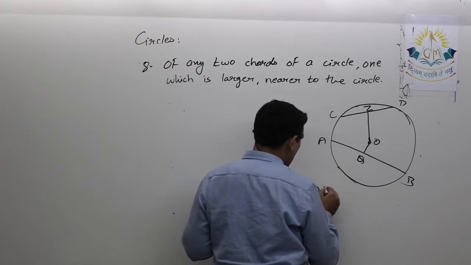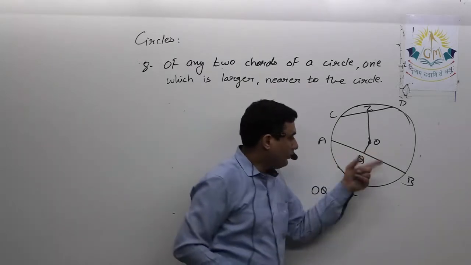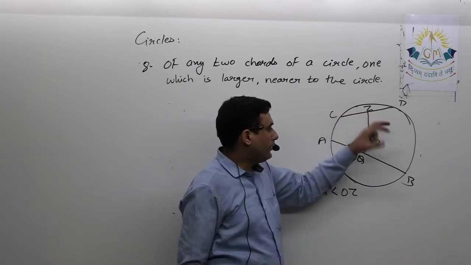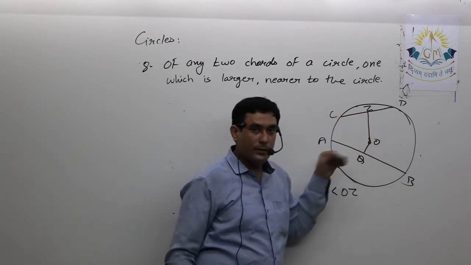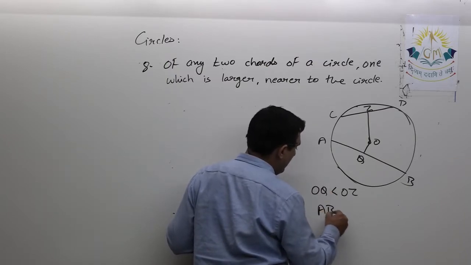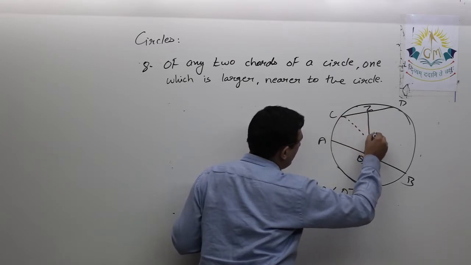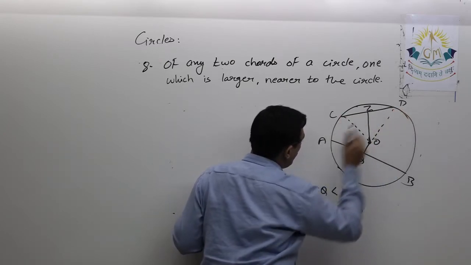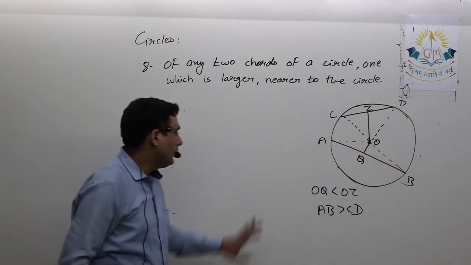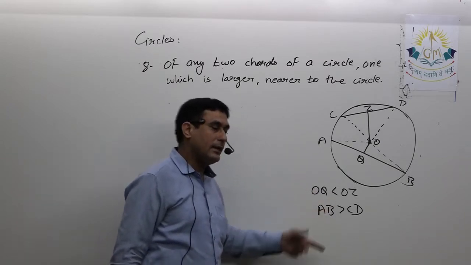So definitely OQ is less than OZ. The distance of chord AB is less than the distance of chord CD. It means AB is nearer to the center, and as AB is nearer to the center, AB is greater than CD. Even with the help of the diagram we can see this. Here no need to prove it because we are just revising, otherwise it is not difficult to prove. So OQ is less than OZ, then AB is greater than CD.